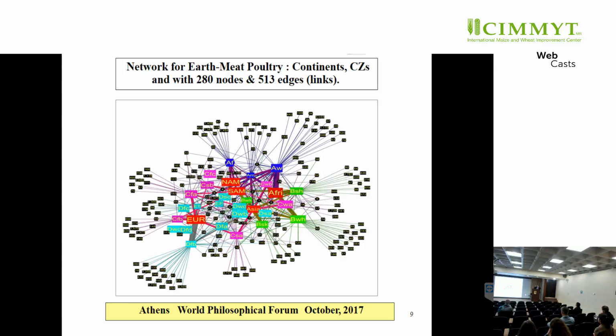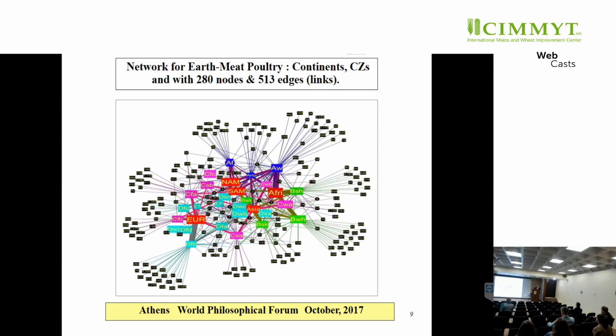I would say this is further research to do for food production, and for other topics. Here, just to comment, the squares are the continents, and the others, the green ones and the light blues, are the climate zones. In this case, I took meat, poultry.